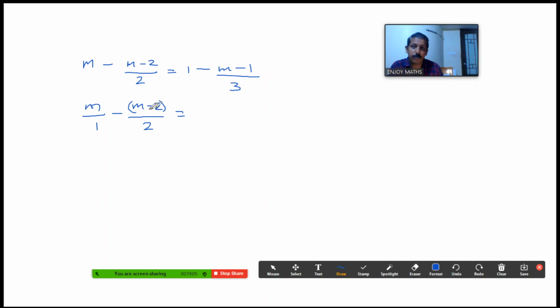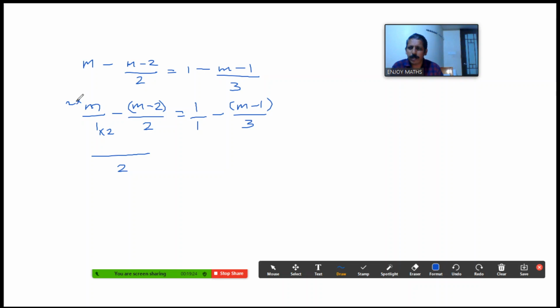The bracket is very good, it will help you a lot. Then this one is 1 by 1, always like this, then this is also in bracket, m minus 1 by 3.